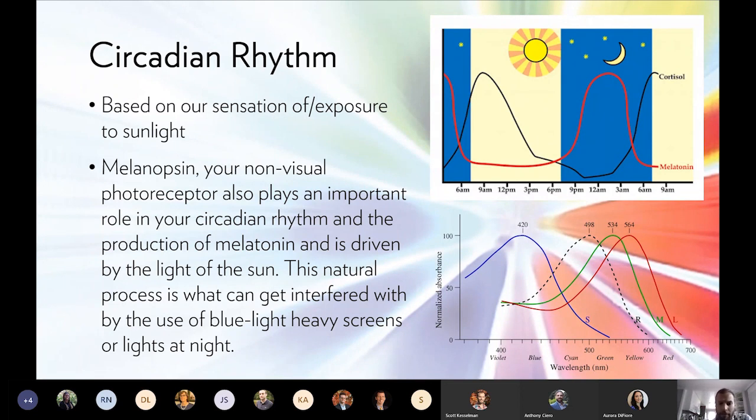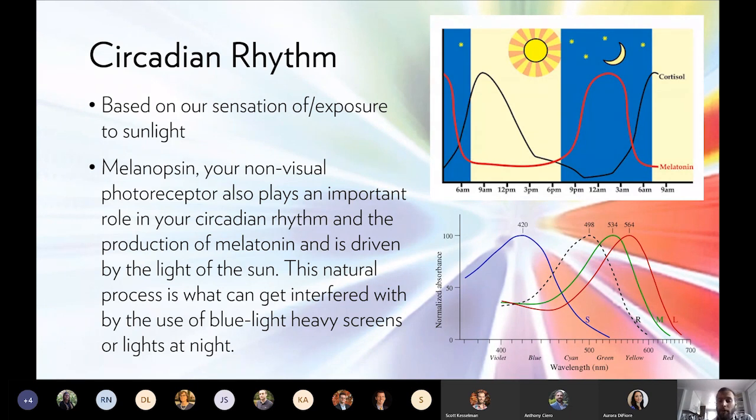You'll see the chart at the top here is a graphing of the red line, which is melatonin, which is related to regulating sleep. It's at its highest concentrations in your body when you're sleeping, and you'll see it suppressed during the day when there's sunlight.